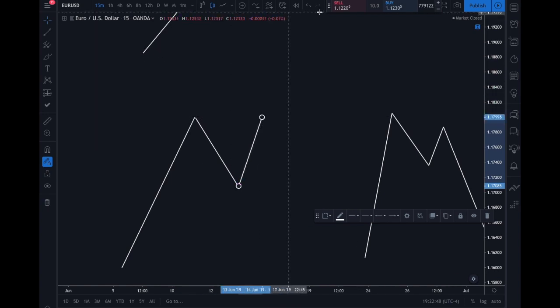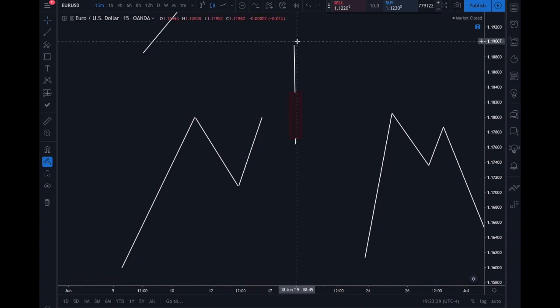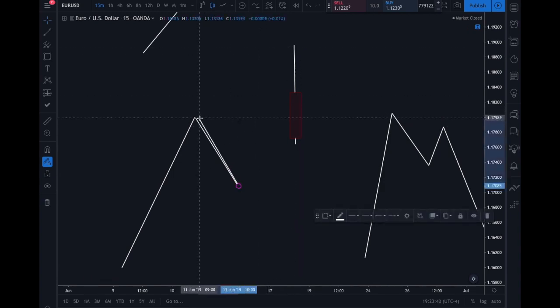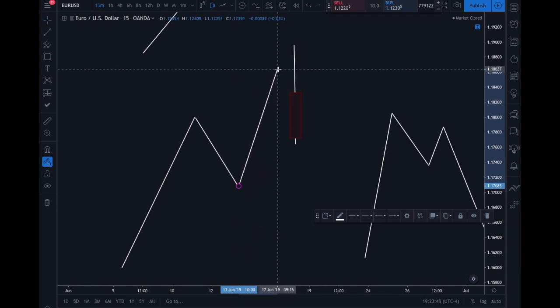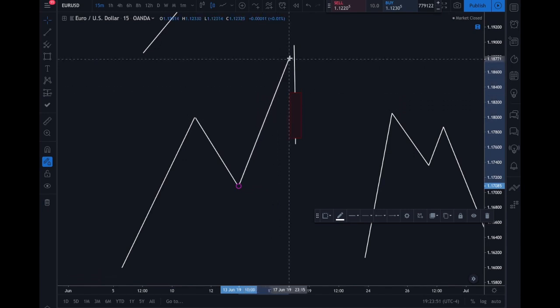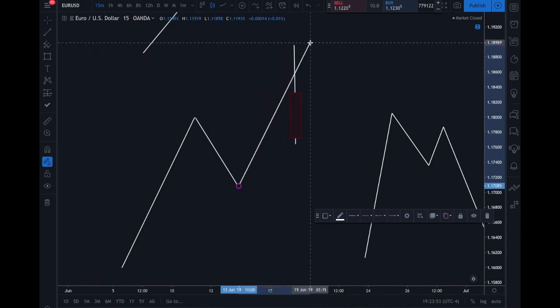So you end up seeing something like this, right? The second leg candle ends up looking like this. And why is that? Well, it's because they wanted to induce as many traders as possible by going past this first leg. By doing this, they induce all traders to go long, because they believe they're getting that in the long run.